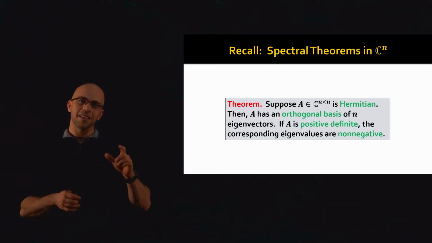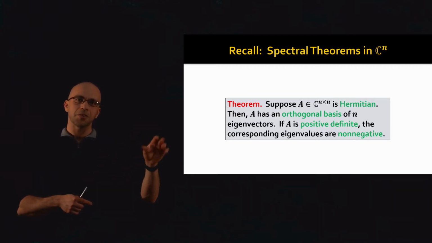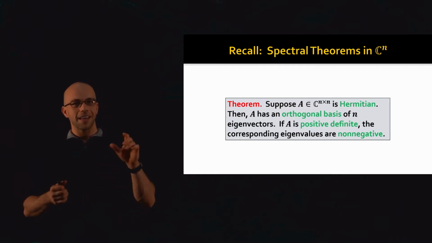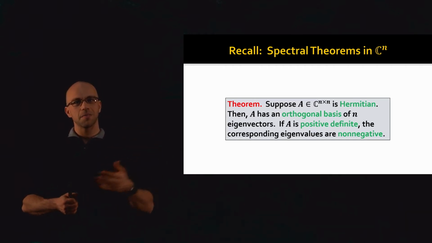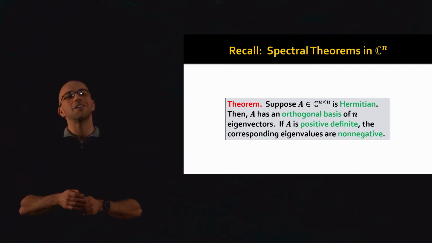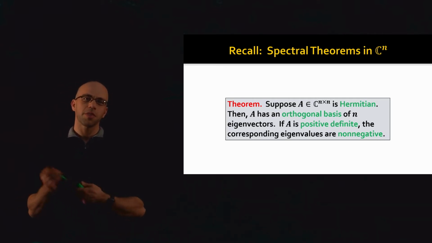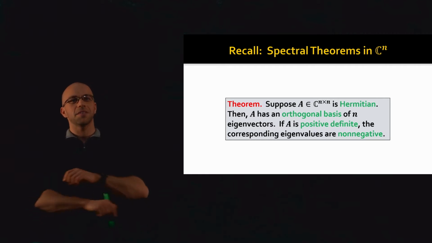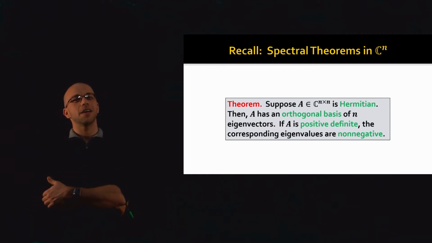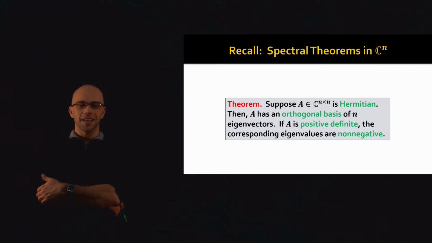Right? So that means in the real valued case that A is symmetric, and in the complex valued case that A equals its conjugate transpose. Then we can conclude a lot of things about our Hermitian operator. We know that it has an orthogonal basis of n eigenvectors. And moreover, we know that if A is positive definite, then the corresponding eigenvalues are non-negative.